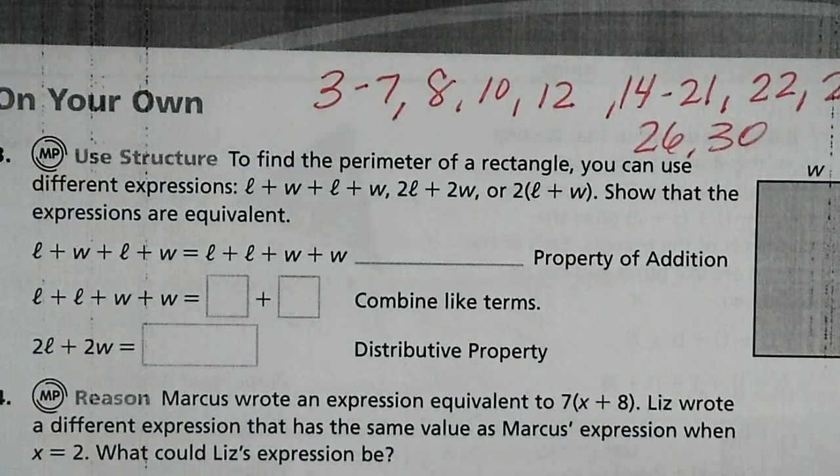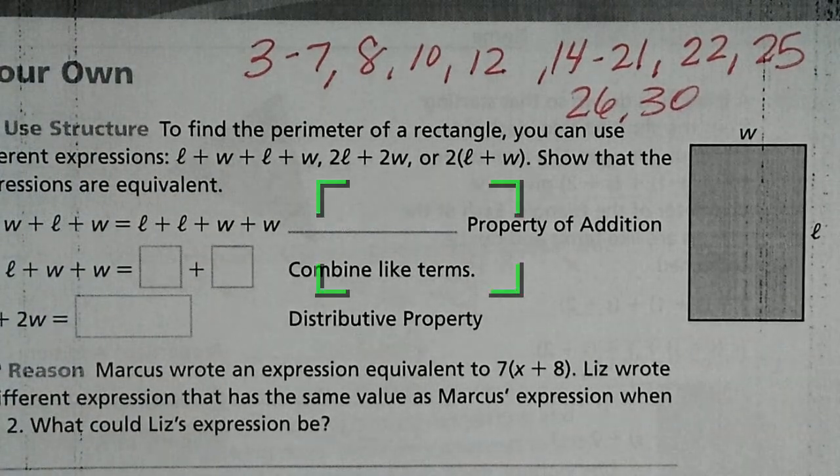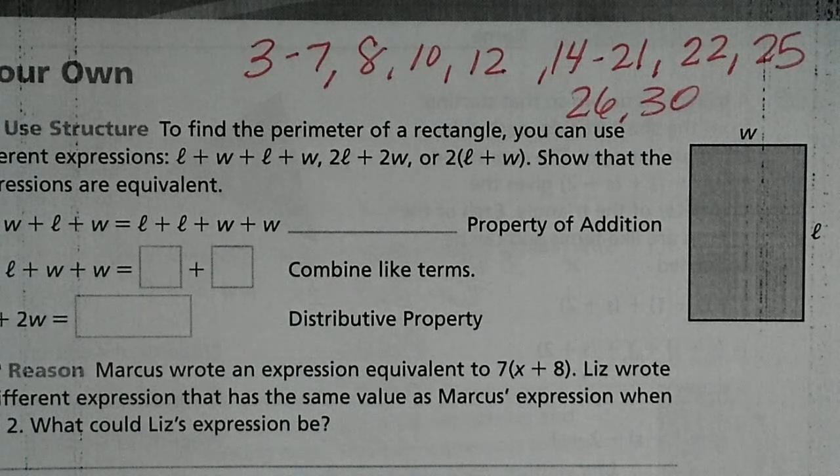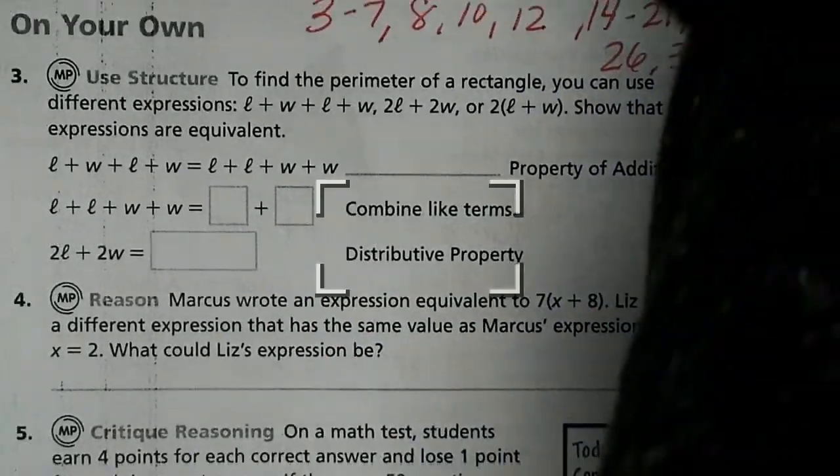It is a long on your own, so that's why I've shortened it. I am here today. Remember, I am here tomorrow. So if you want to get a jump start on it, that is what we're working on.